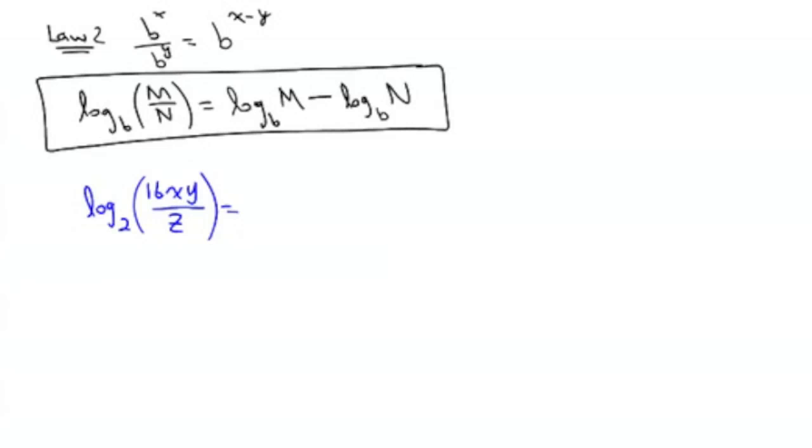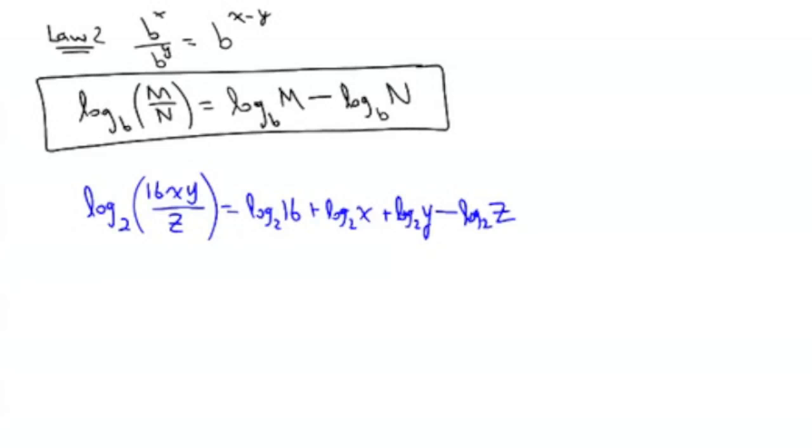If it's in the bottom, it's going to get separated with a minus. Notice the log base b of m was positive, but the log of n was negative because the n was in the bottom. Log 2 of 16, log 2 of x, log 2 of y, minus log 2 of z. Because the z was in the bottom, he's the only one that gets a minus.